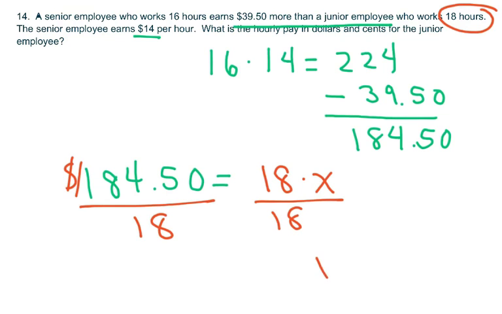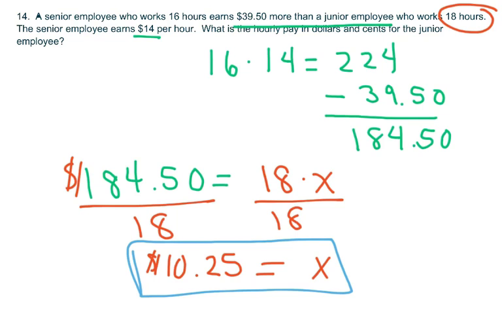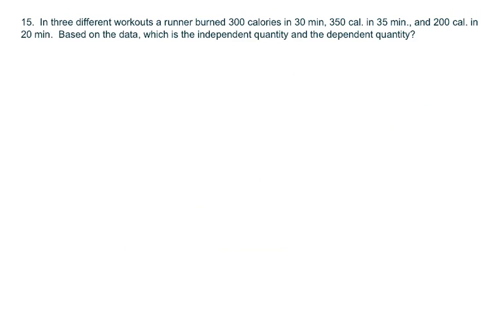So his dollars and cents would be $10.25. Okay? So I kind of have to think about it and read the problem at least twice before you do the problem. Alright? Here's another one.